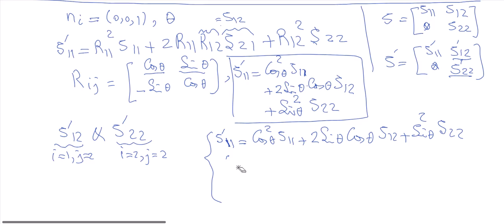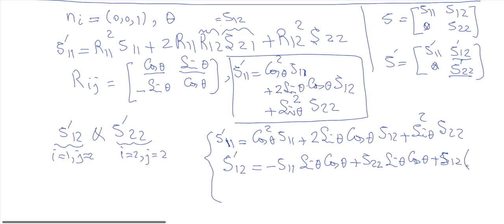So S prime 1, 2 is actually equal to minus S11 sine theta cosine theta plus S22 sine theta cosine theta plus S12 times cosine theta square minus sine theta square.